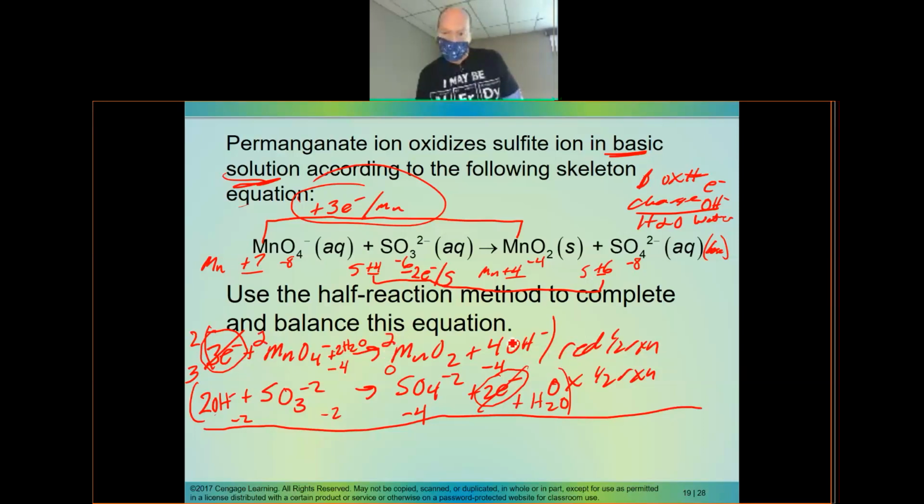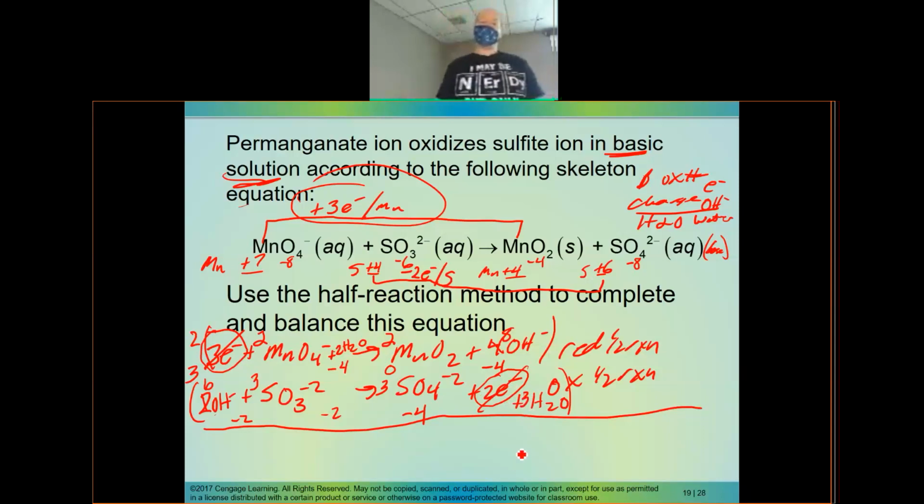And now instead of 4, we have 8 OH minuses. When we multiply this through by 3, not 2 OH minuses, but 6 OH minuses, a 3 in front of the SO3 minus 2, a 3 in front of the SO4 minus 2, and then our electrons were already canceled, and then a 3 in front of our H2O.